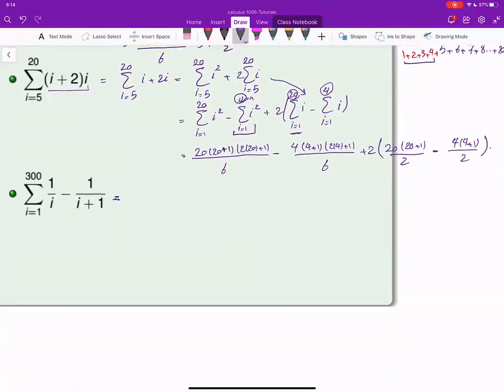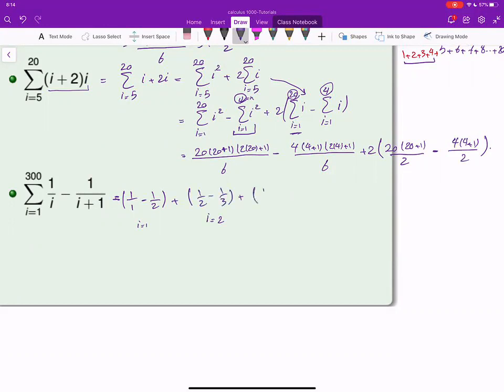If i is 1, I will get 1 over 1 minus 1 over 1 plus 1, which is 2. If i is 2, this will be 1 over 2 minus 1 over 3.